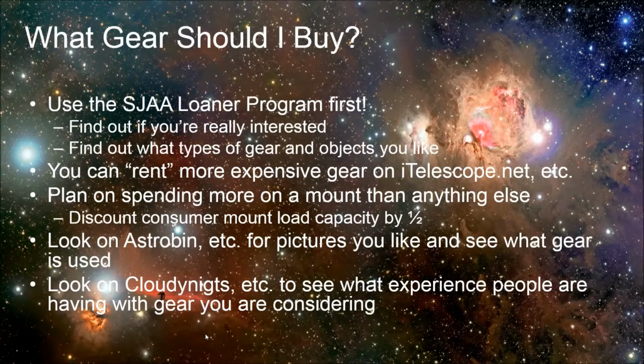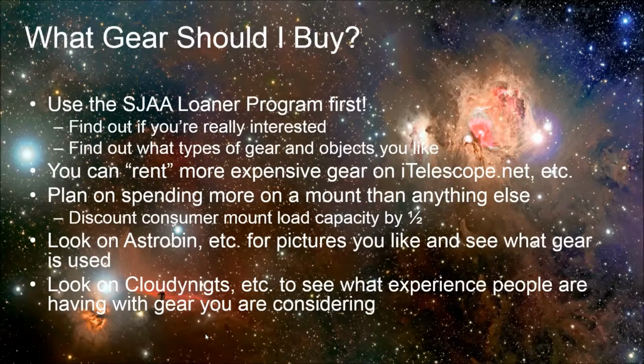When you do get ready to shop and buy, please keep in mind that the mount is the most important thing. It's more important than the telescope itself. It's more important than the camera, because if you don't have a mount that can go to and, most importantly, track with the amount of gear that you want to put on it, then you've essentially wasted your money.